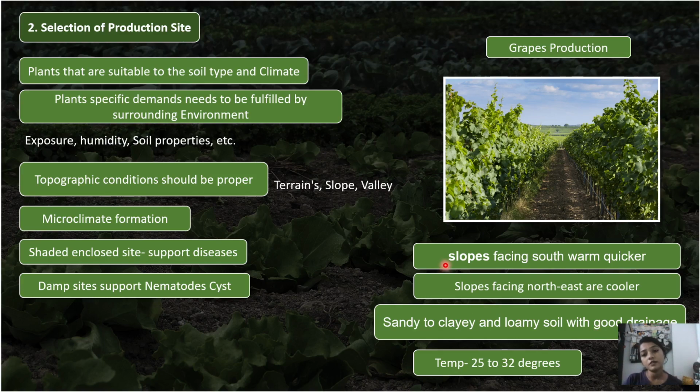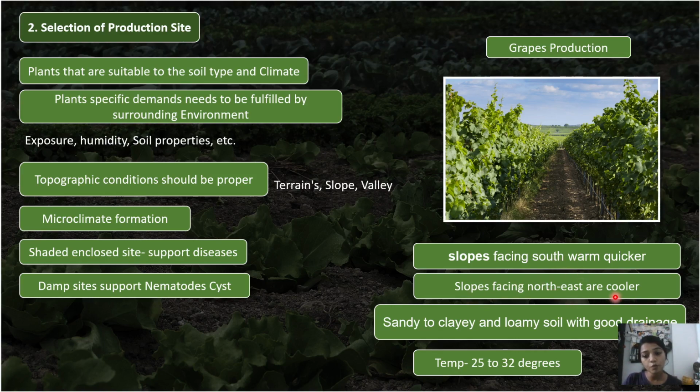Then often the grape farms are grown in a certain kind of sloping areas, slopes facing south, but this depends on what type of slope you are using. Usually the slope that faces south receives more sunlight, and as that slope receives more sunlight, it warms quicker and the water will get drained easily, whereas slopes facing northeast are cooler, which is the opposite of south, right?